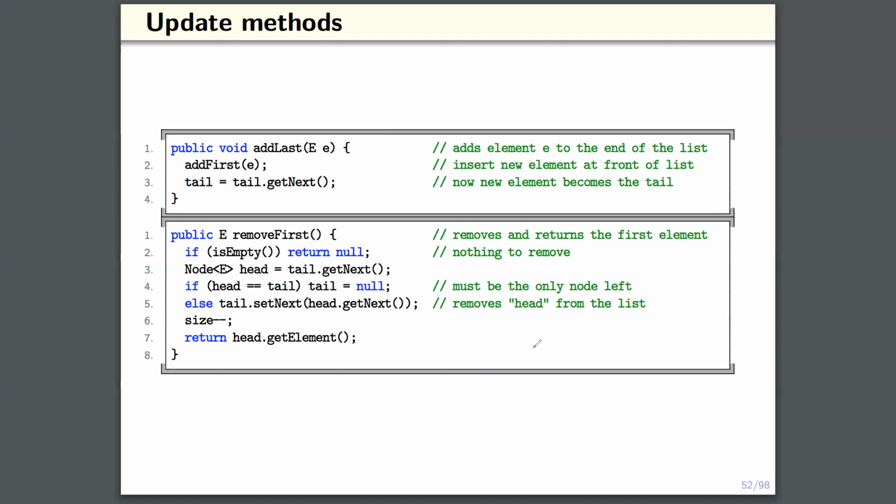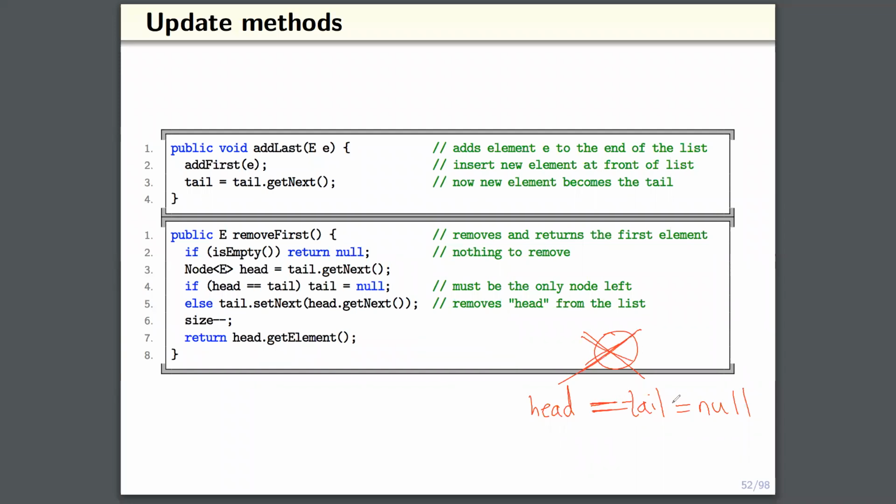Very good. Head is equal to tail. That means there is only one node, and you're removing that, you're setting tail is equal to none. But head is equal to tail can also happen if both are pointing to null, isn't it? It's not necessary that the list should have only one node.